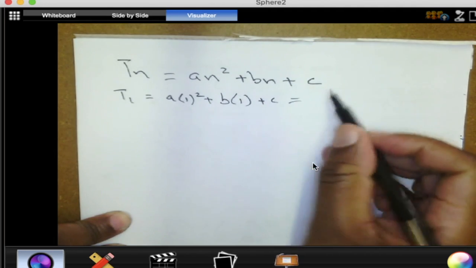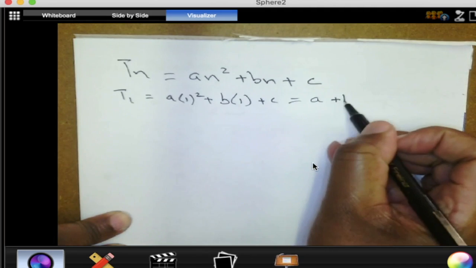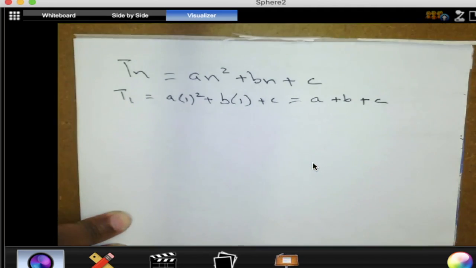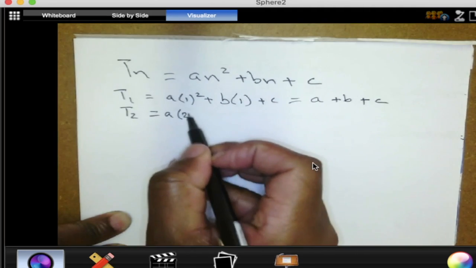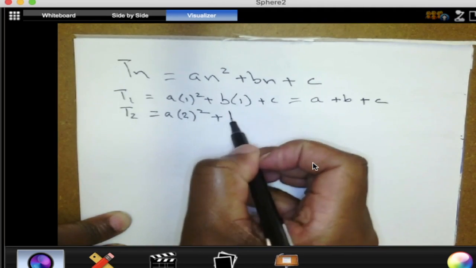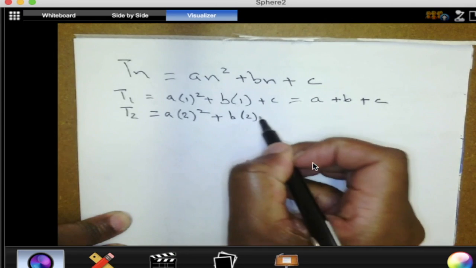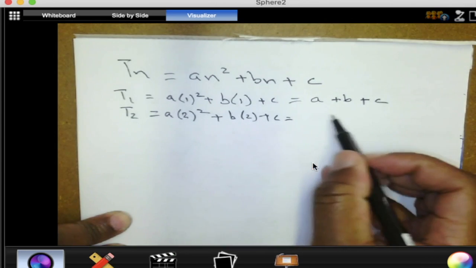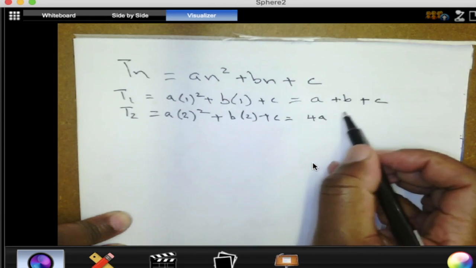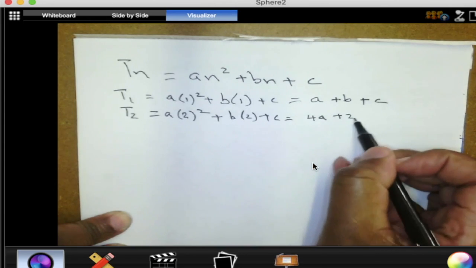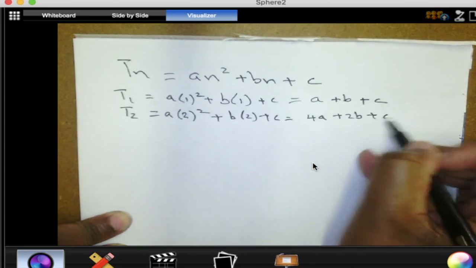That will simplify to a plus b plus c. Let's look for a few more. T2 is a multiplied by 2 squared, plus b multiplied by 2 plus c. And what do we get? We get 4a plus 2b plus c, right?